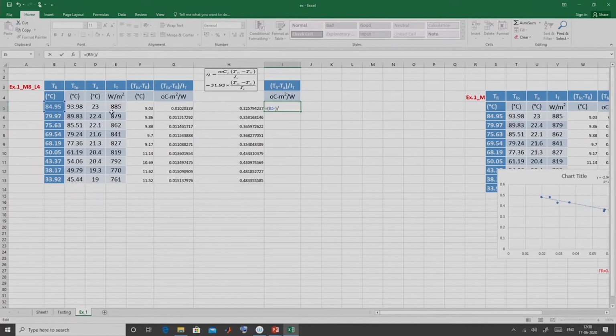So, this is D and then we have this value. Okay. So, this is TFI, then we will have TA, then IT. Okay. So, I can use this. So, this will be, I can drag it something like this.